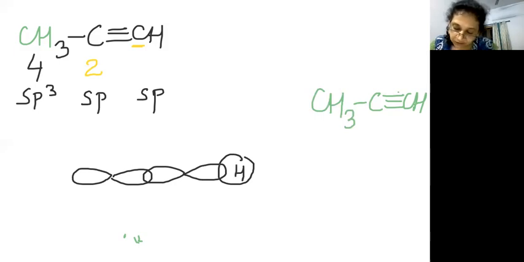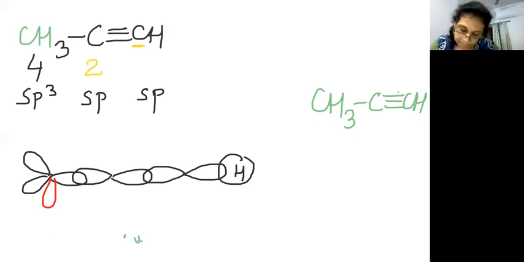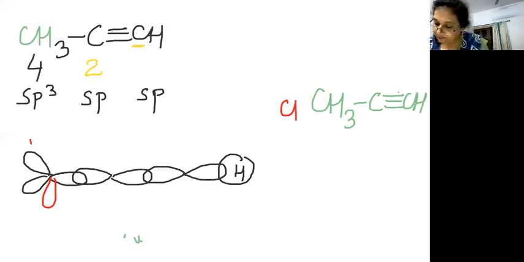And on the other side of the center sp hybridized carbon, I have a tetrahedral sp3. Let me make that. I'll have to do it again, students. We were making propyne.